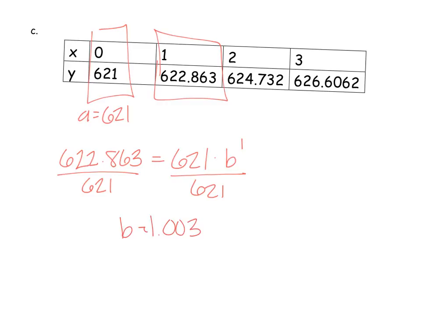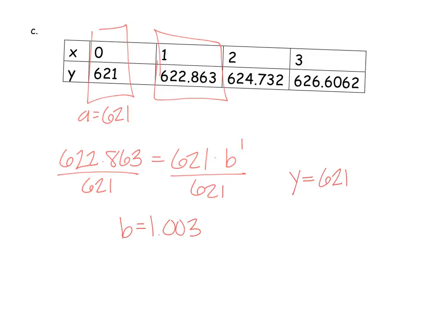Now we need to figure out is this increasing or decreasing? Well, we can figure that out by looking at your numbers. Are they getting bigger or are they getting smaller? They're not getting much bigger, but they are getting bigger. So that means it is an increasing function. It is a growth, not a decay.